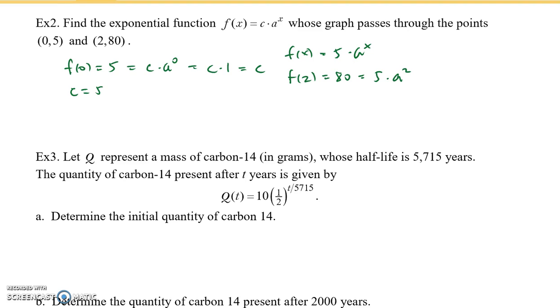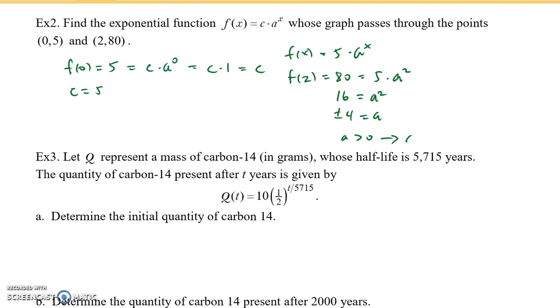If we divide both sides of that equation by 5, 80 divided by 5 is 16, and so we get 16 equals a squared. Taking the square root of both sides, a would be plus or minus 4. However, a has to be positive because a is the base of an exponential function.